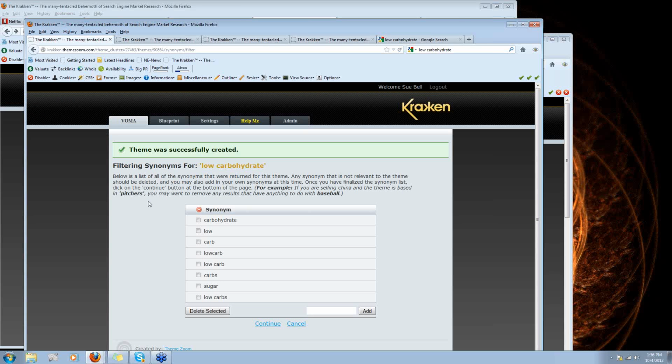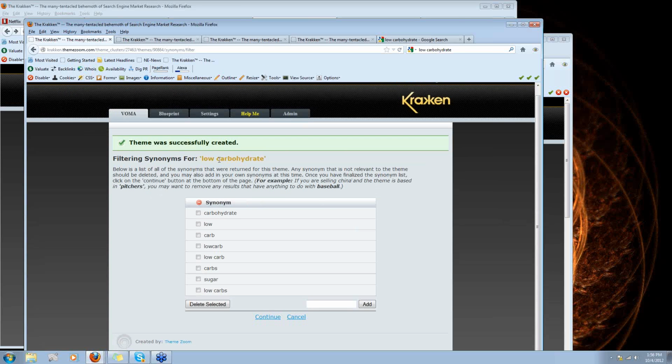In the meantime, back at the ranch, we've drilled into this keyword, and Google has brought back what are called search engine proven synonyms, right? These are terms that Google says it associates as a synonym with low carbohydrates. So: low carb, with and without the space, carbs, sugar, low carbs, carbohydrates. You're free to include or exclude any of these keywords, depending on what you want to do.